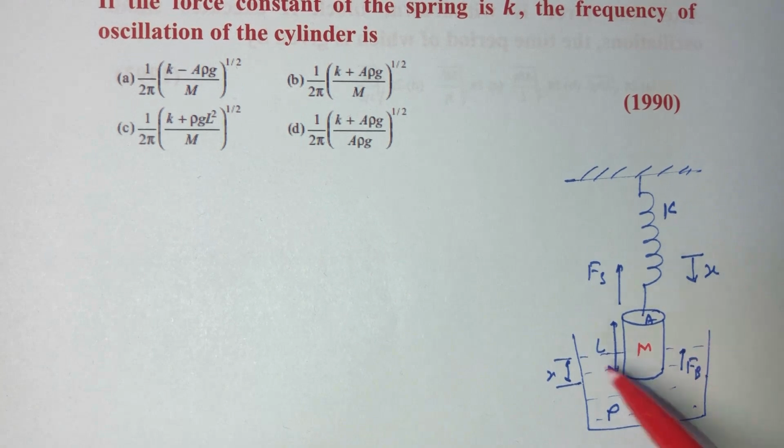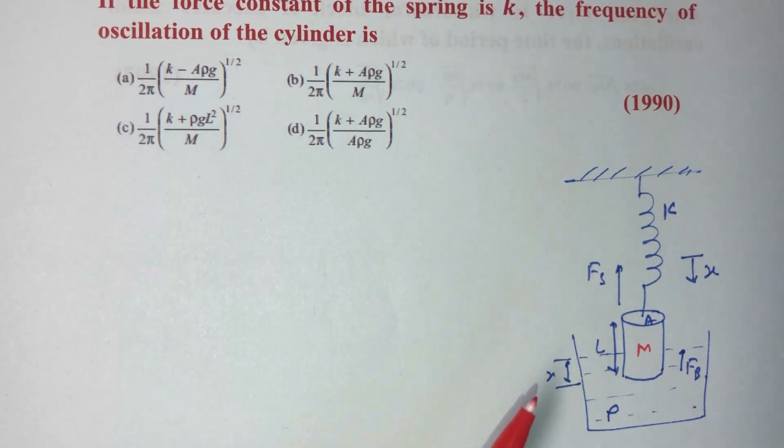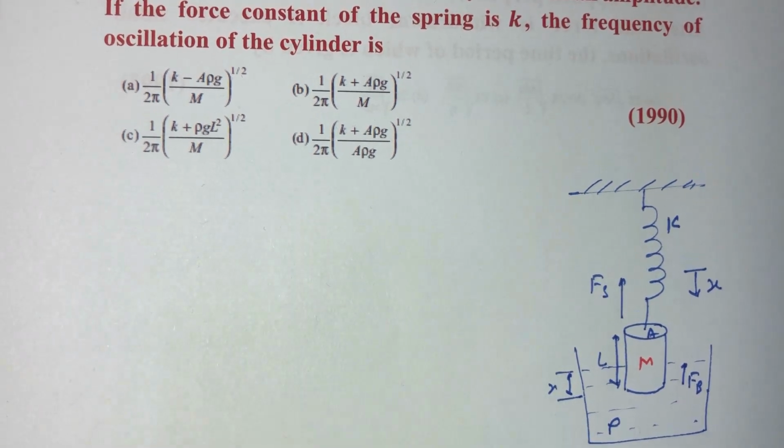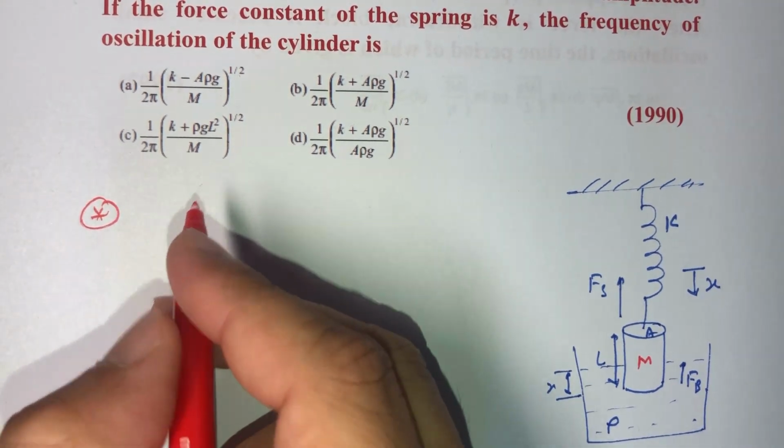So like we said, for the cylinder there will be two forces acting on it, and both will be upward, spring force as well as buoyant force. So first of all, let's explain the forces acting on the cylinder.